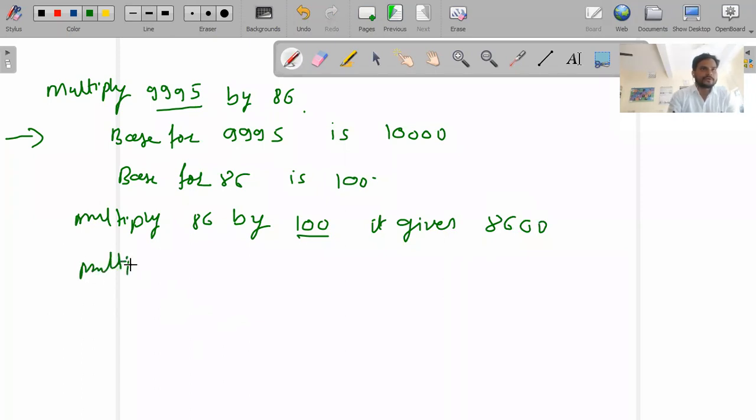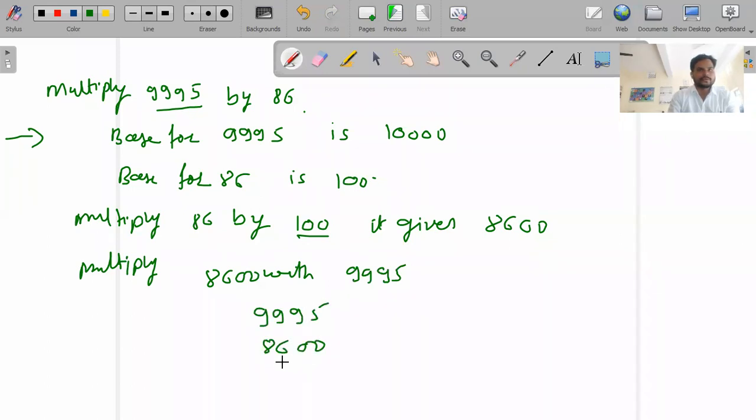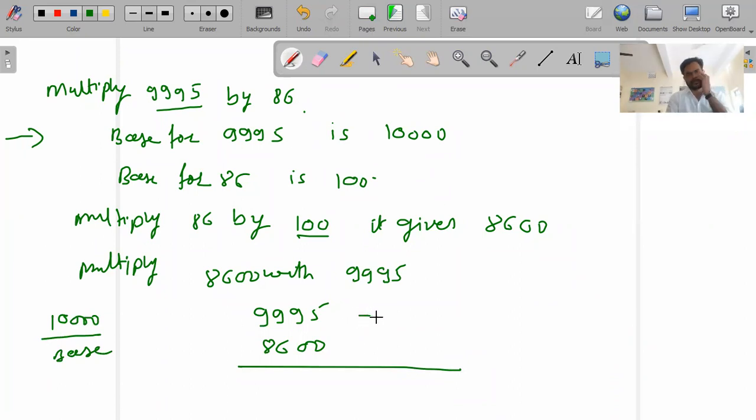Now our problem reduces to what? Multiply this 8600 with 9995. Do the multiplication, and 10,000 is the base.